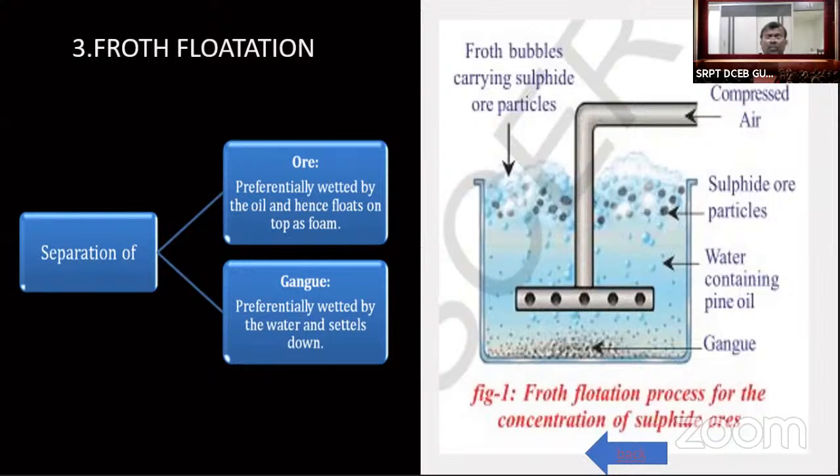A froth is formed with the crude ore, that is a layer of bubbles, and the impurities settle down. In this way, we can separate the crude ore in the form of a powder. So this helps us to concentrate the ores in the form of sulfides.